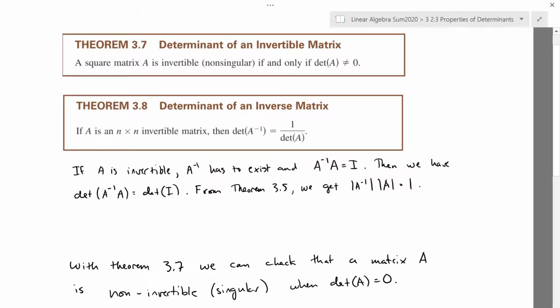But now we can see that neither of these can be 0, because if at least one of them were 0, then the product would be 0 and not 1. So this means that this and this are both not equal to 0, so both their determinants are not 0.